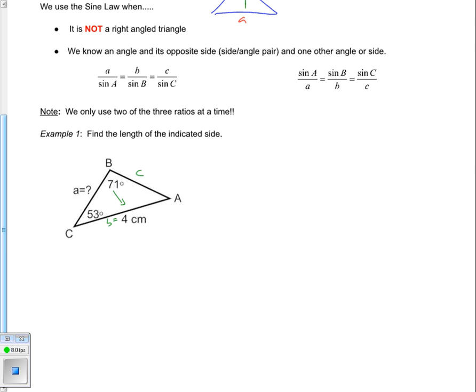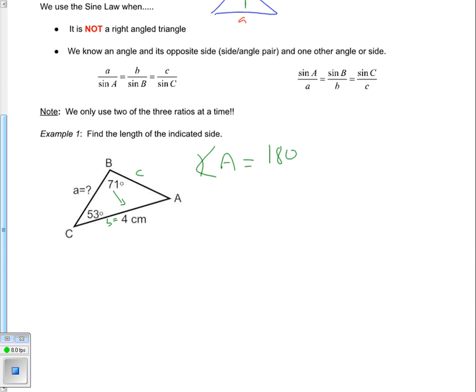We are looking for side A. The problem with trying to figure out side length A is we don't know what angle A is. So that's actually the first thing that we need to do, is solve for angle A. Okay, and angle A is going to equal, because we already have 2 of the known angles, we know that all 3 angles inside of a triangle equal 180 degrees.